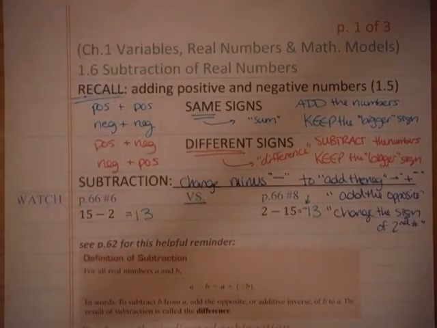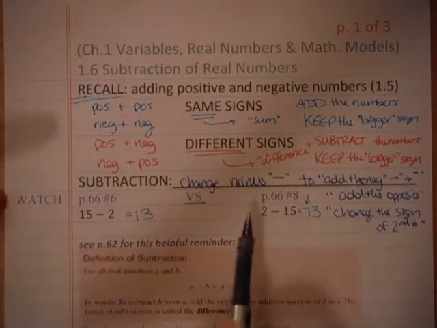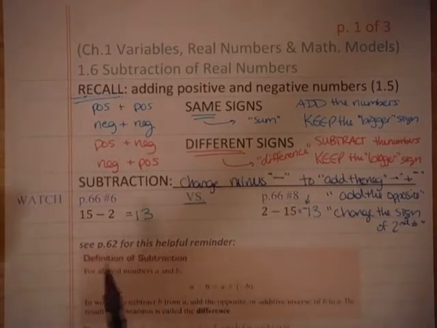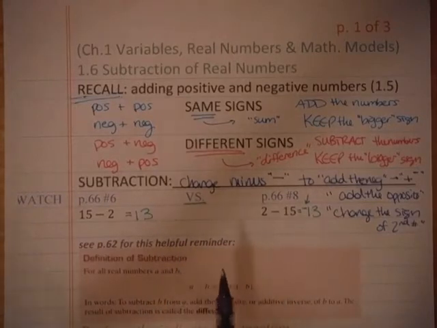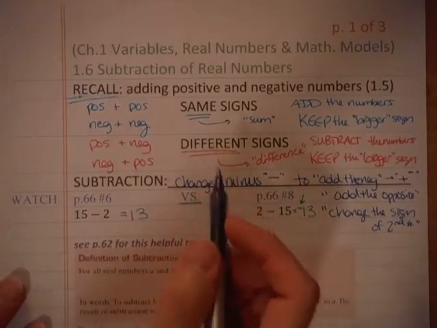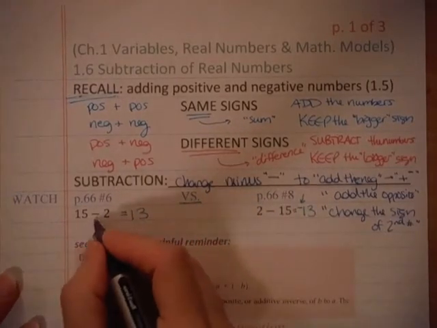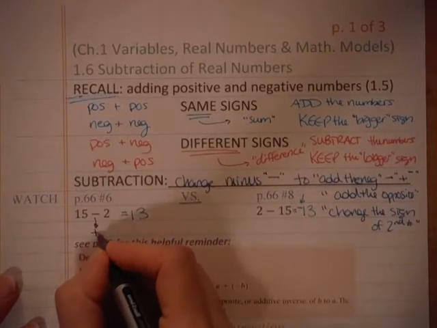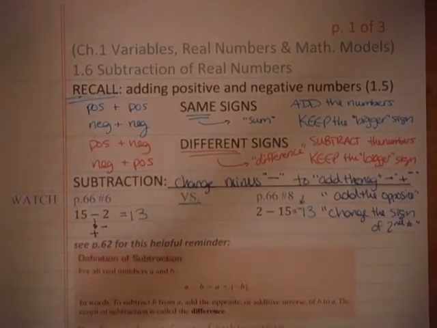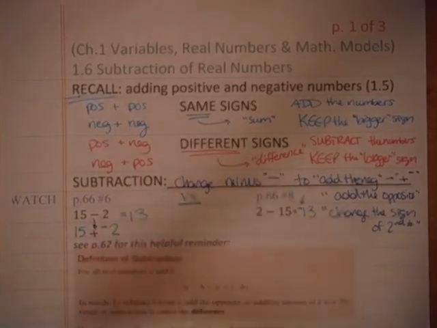Now let's look at what we know to be true in light of this pattern. We're saying you can take every subtraction and make it into an addition of the opposite. If I rewrite this as adding the negative, it would be 15 plus a negative 2.